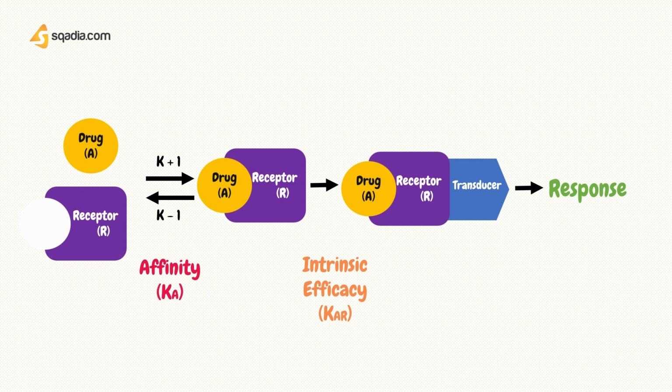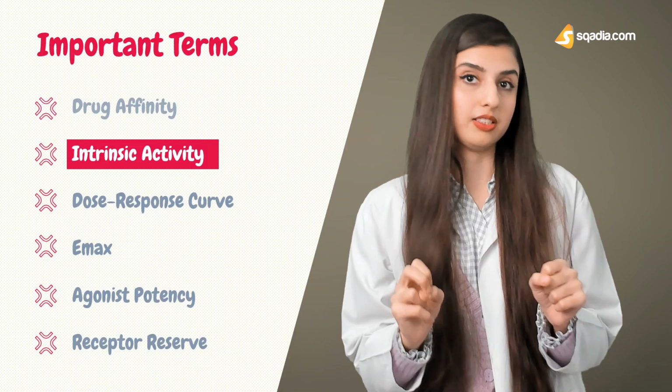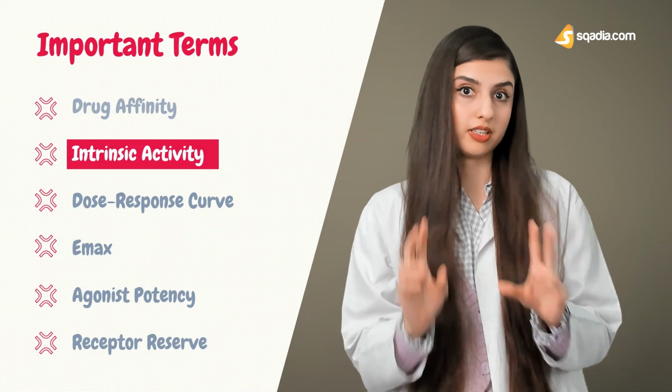Now, the reciprocal of Kd is the affinity constant, which is the Ka. And in the absence of receptor reserve, this is the concentration of drug that produces 50% of the maximum response. Now, another term that we are going to be focusing on is the intrinsic activity or the intrinsic efficacy.